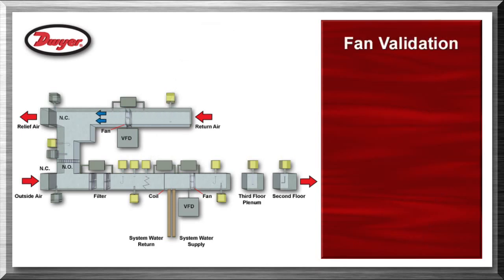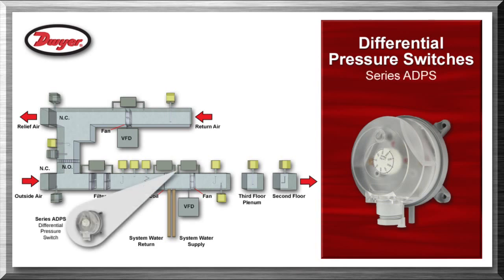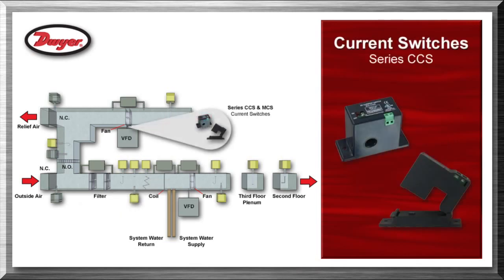Dwyer offers several products that can be used for fan validation, proving that the fan is operating. Differential pressure switches, series ADPS, are used by monitoring the differential pressure between the upstream and downstream of the fan. Current switches, series CCS and series MCS, are used by monitoring the current usage of the fan.